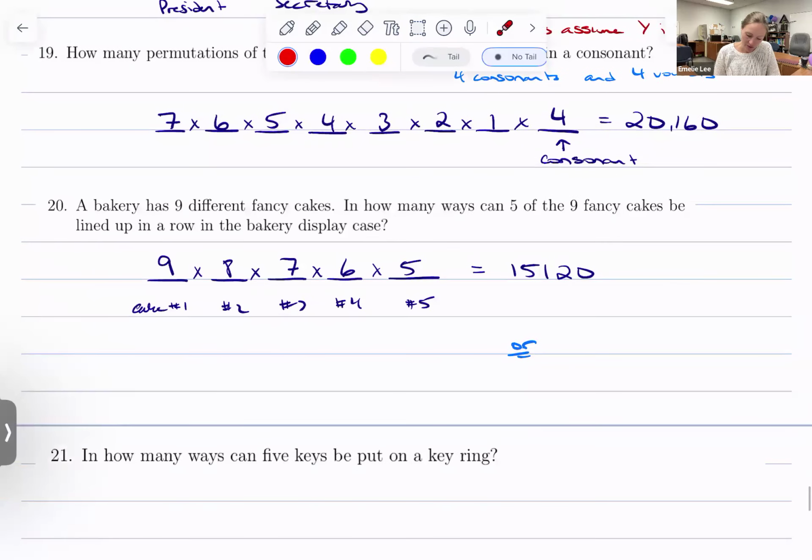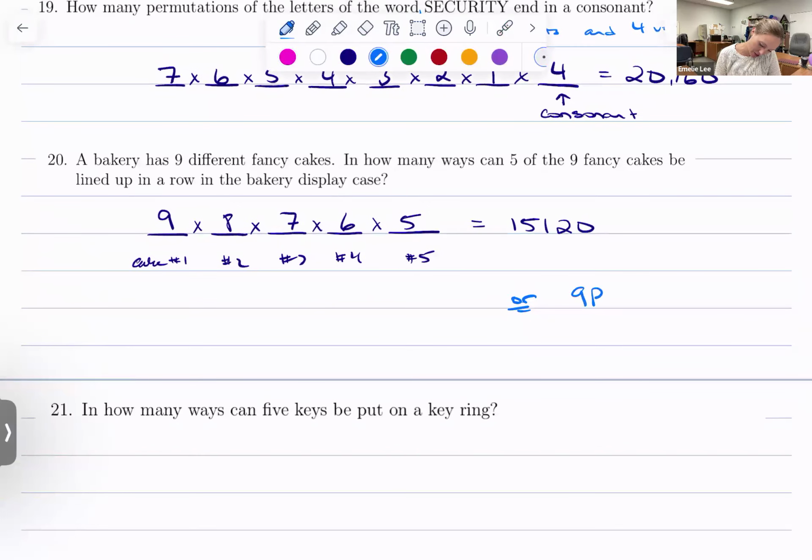But here, because we don't have any restrictions besides, out of these 9 fancy cakes, can you put 5 on display, that's going to be the same as 9P5, which is still 15,120. Okay. So if you wanted to say it like that, that's totally fine.